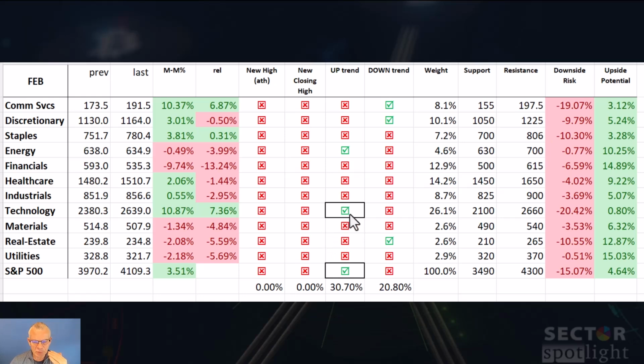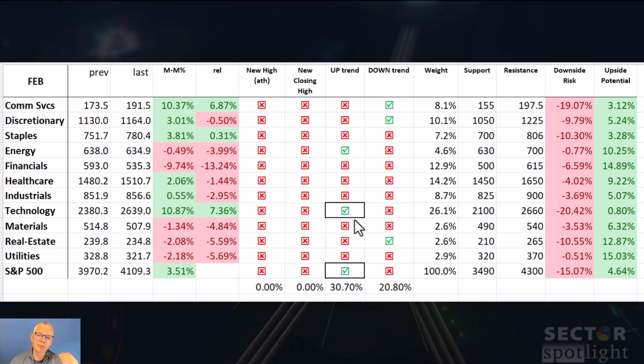But the fact that technology is now in a new series of higher highs and higher lows was an interesting observation. You can also see that technology was the strongest based on relative, even stronger than communication services. And the S&P ended up 3.5%.